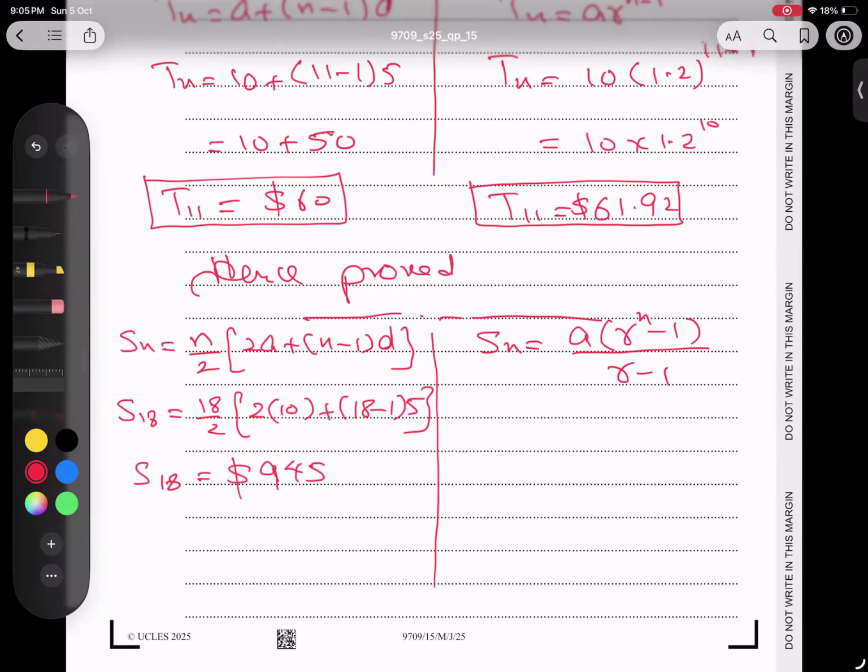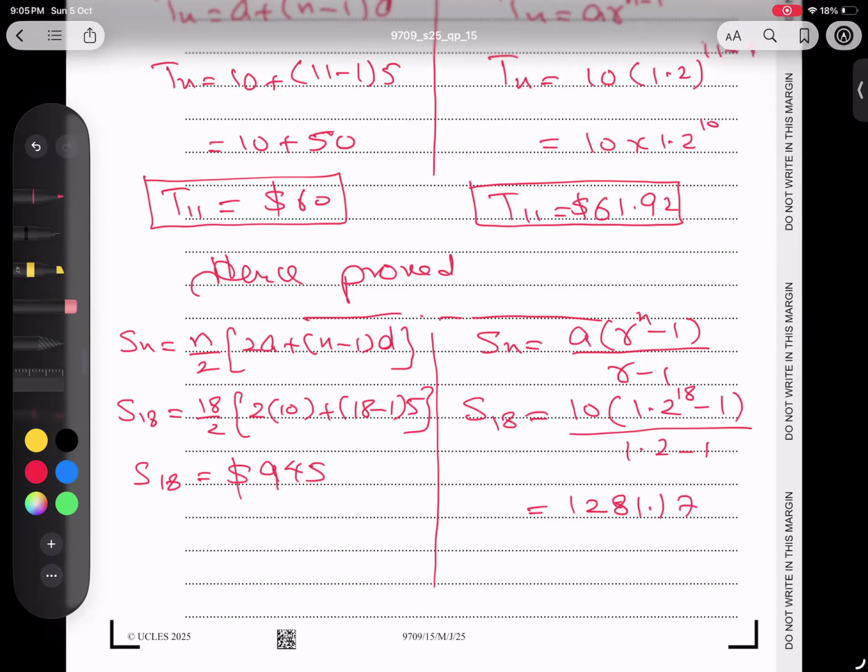For the other one, you know very well, I will plug in the values only. So S18 is equal to the a value, which we know is 10, the common ratio 1.2, and the power is 18, minus 1, over 1.2 minus 1. If we type it in the calculator, we get this answer: $1,281.17.